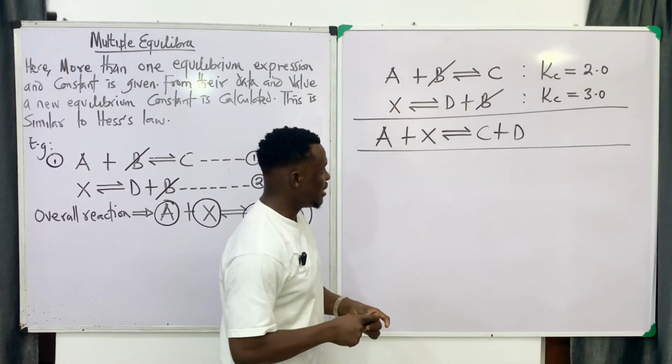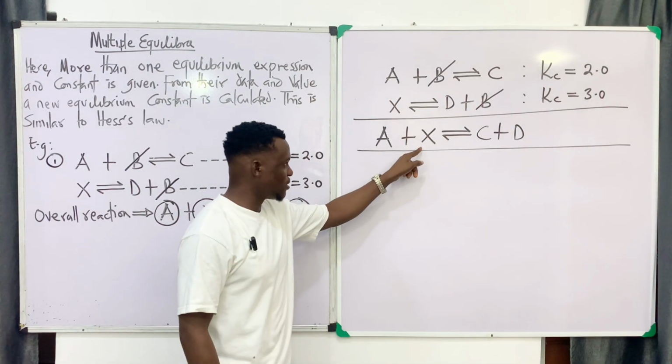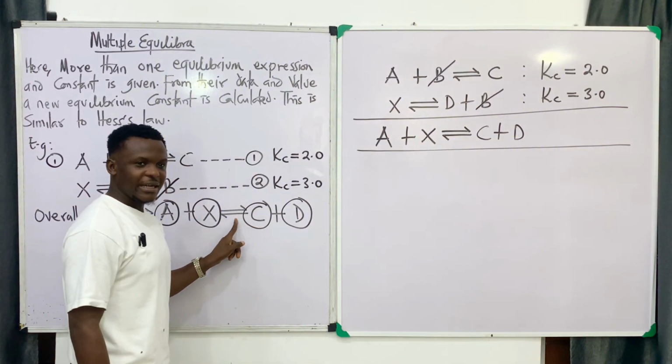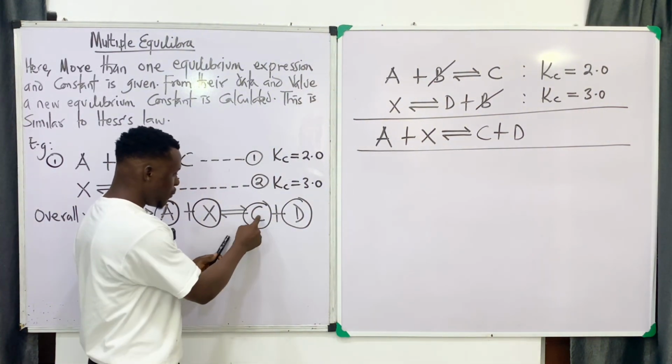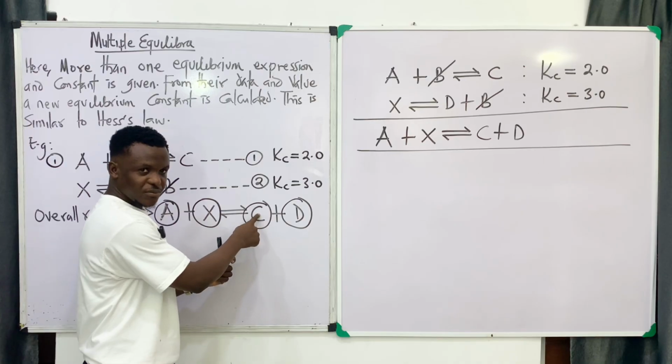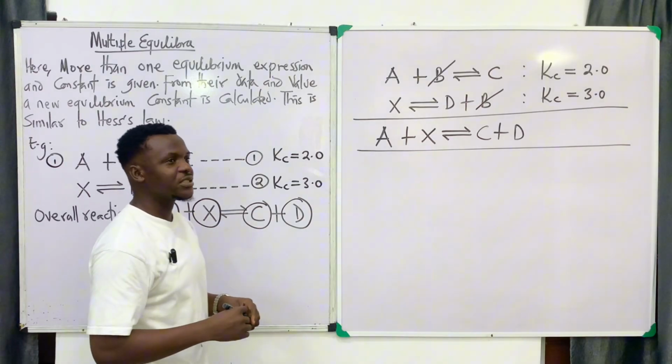Now, interestingly, this is not what I was asked to find, because this is what is here already, right? What I'm asked to find is the equilibrium constant of this reaction. But I cannot just do whatever.